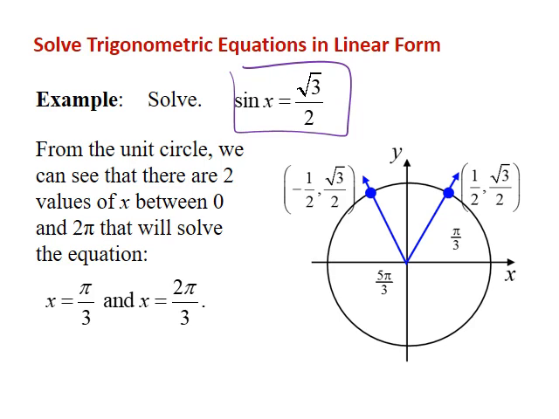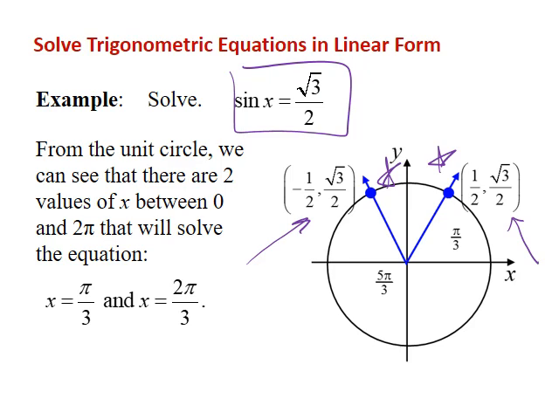Well, we know that sine is positive in quadrant 1 and in quadrant 2, and that the associated ordered pairs in those quadrants are given here.